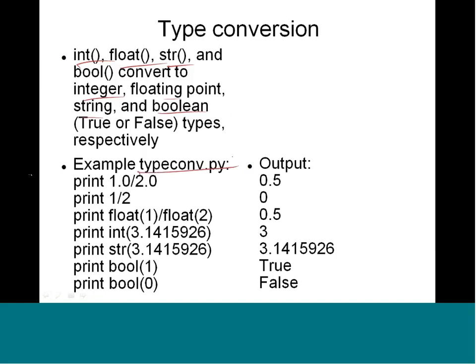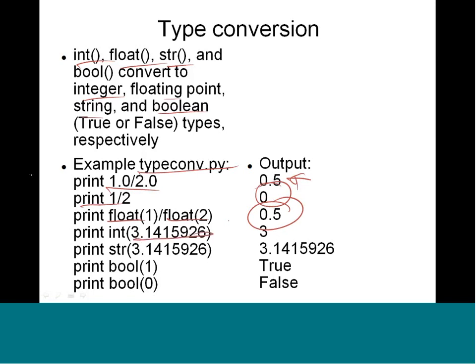So here is a type conversion routine. If you print 1.0 by 2.0, the output is 0.5. Print 1 divided by 2, they are integers, so the output is 0. You can also specifically mention float 1 divided by float 2, and the result is 0.5.